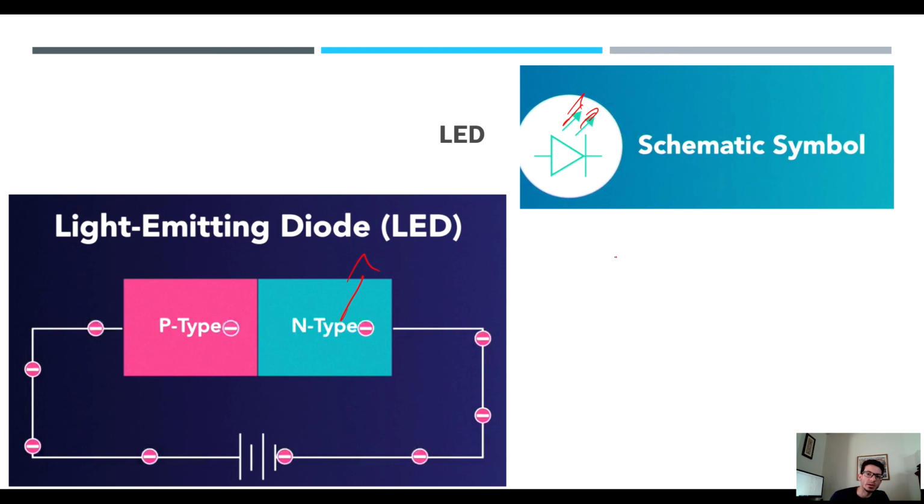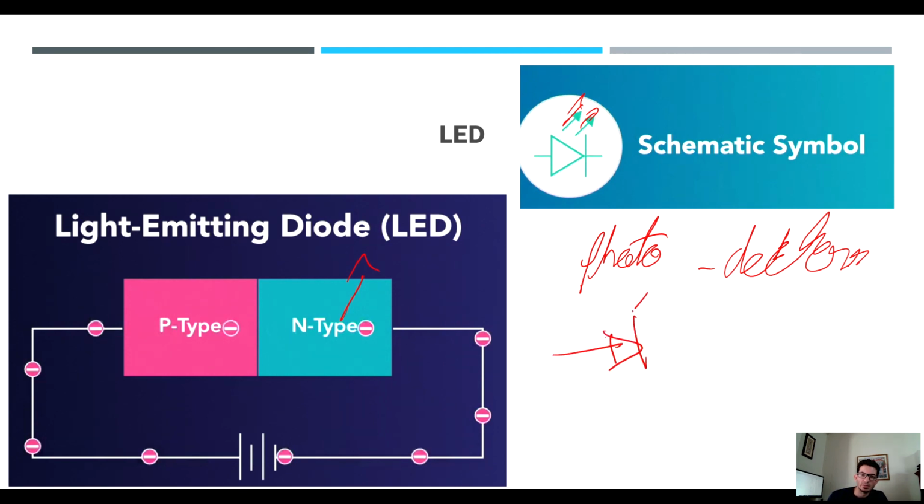And light emitting diodes are the opposite of something called photodetectors. Photodetectors are diodes that have arrows pointing in, and they can detect light and produce a current.